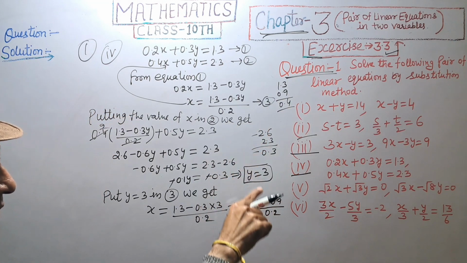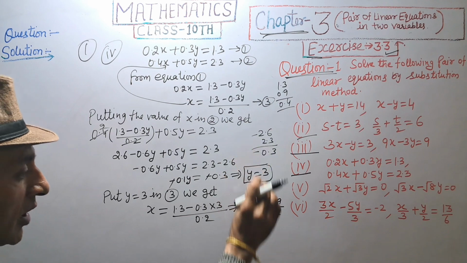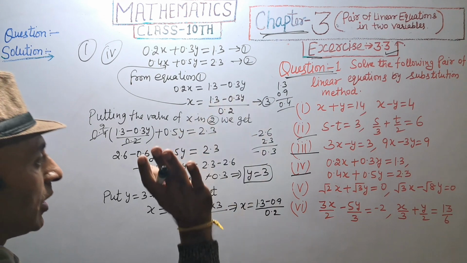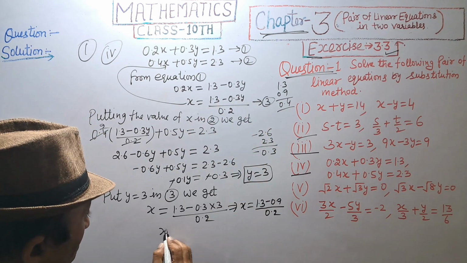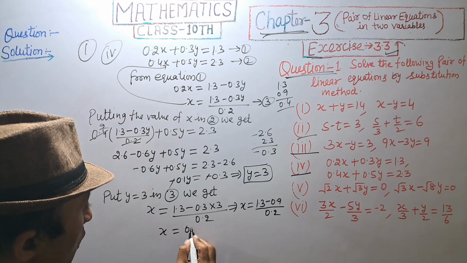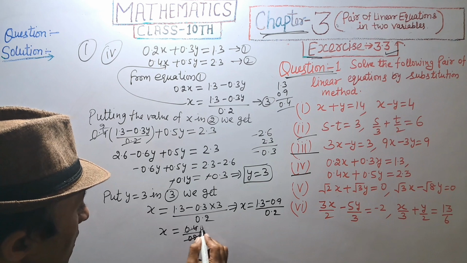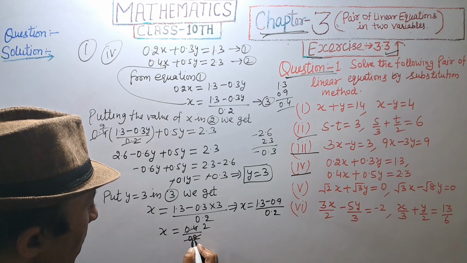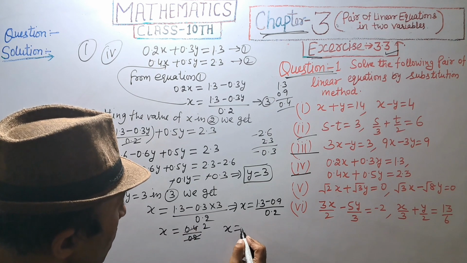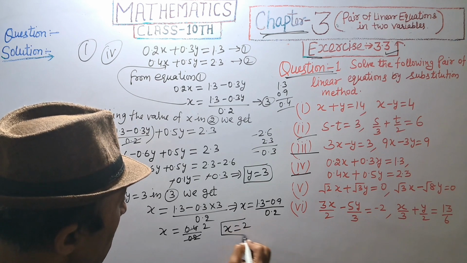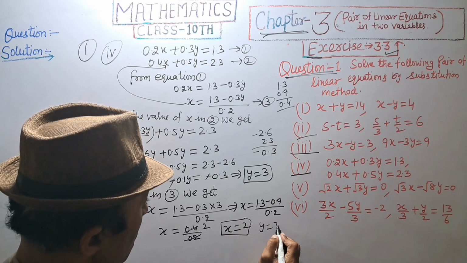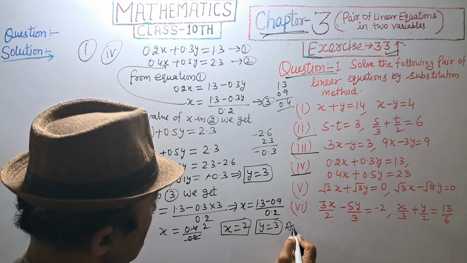That is positive because 0.9 is smaller than 1.3. So we get the value of x is equal to 0.4 divided by 0.2, that is divisible by 2. So x is equal to 2 and y is equal to 3. Answer.